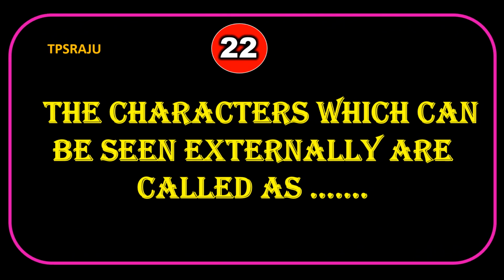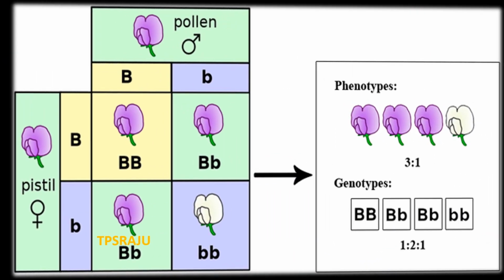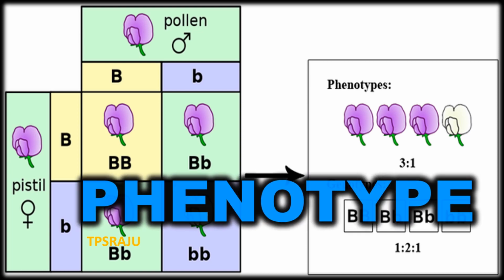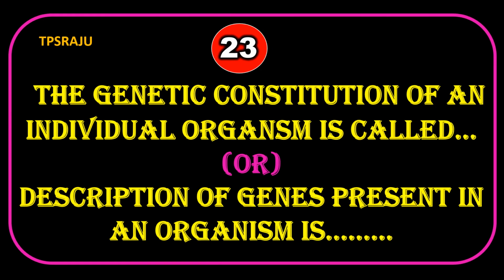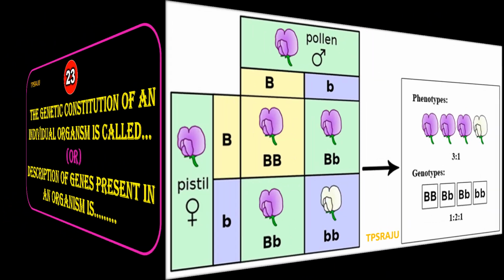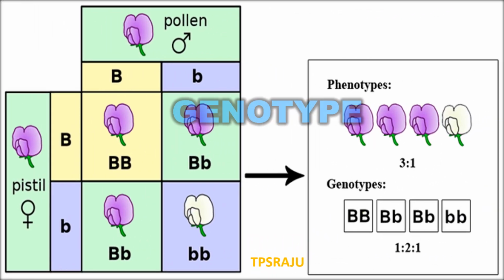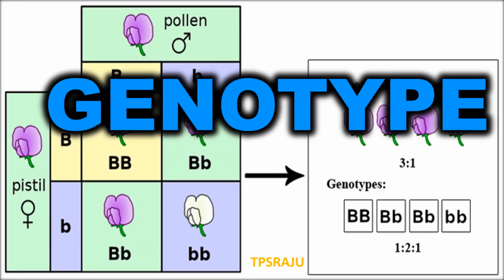The characters which can be seen externally are called phenotype. The genetic constitution of an individual organism, or description of genes present in an organism, is called genotype.